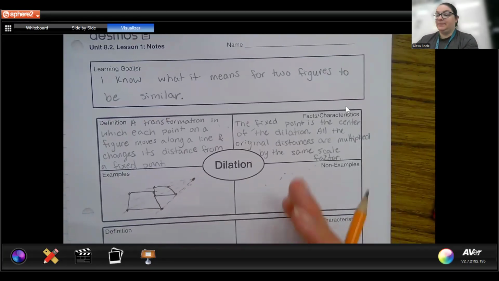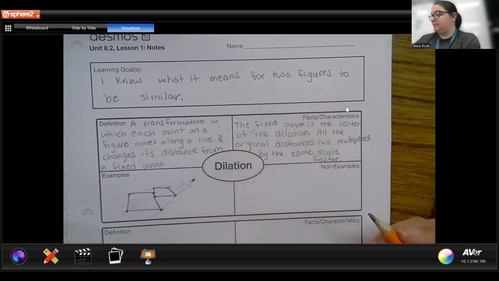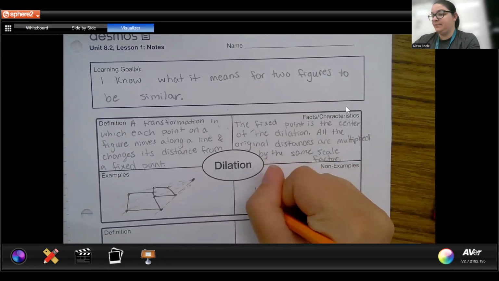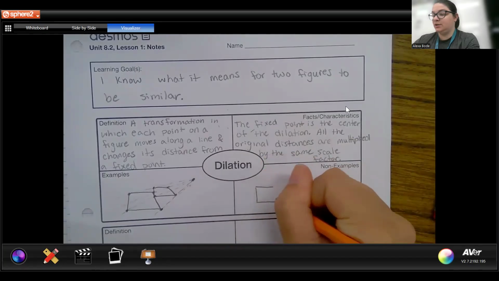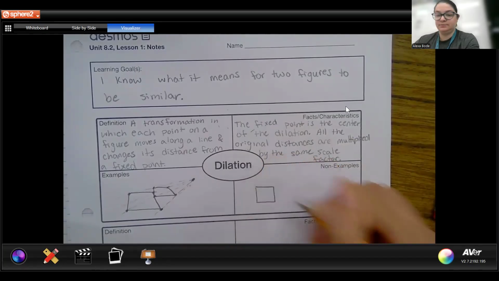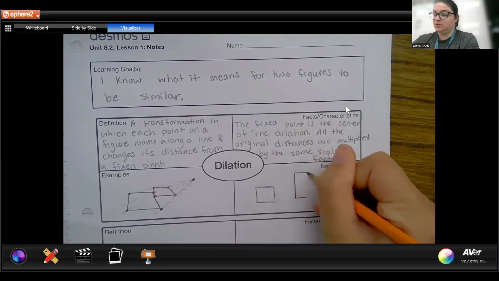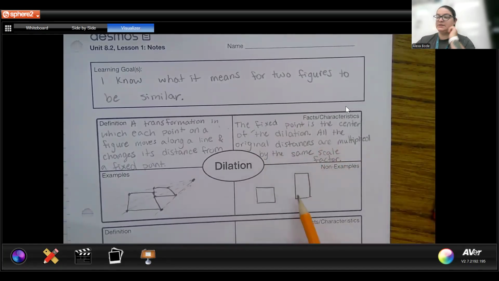Now, non-examples of a dilation would be if we had a nice pretty square that got turned into an awkward rectangle. So notice that the sides change differently. When you have a dilation, all of the sides change by the same amount.